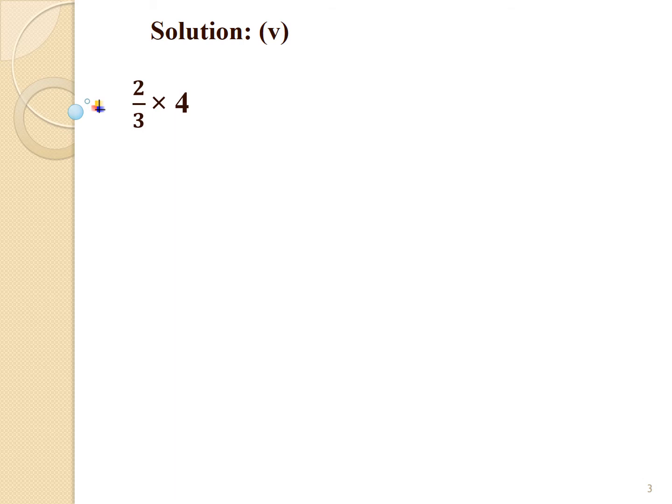Now, let us solve sum number 5. 2 upon 3 into 4. Let us multiply the numerator 2 with the whole number 4 and keep the denominator 3 as it is. As we know that in order to multiply a fraction by a whole number, we have to multiply the numerator with the whole number and we have to keep the denominator as it is.